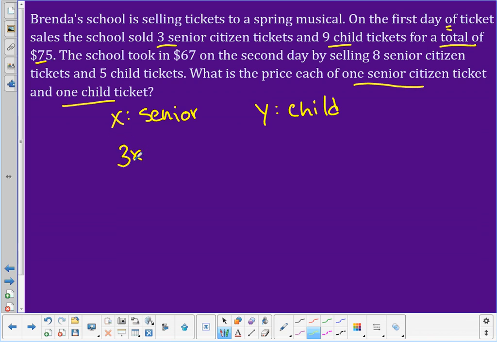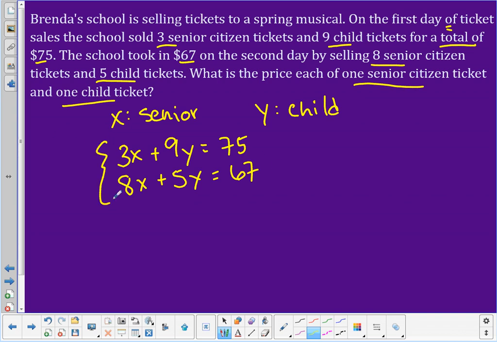So 3 times X plus 9 times Y equals $75. Second day, $67 by 8 senior citizen and 5 child. So 8 senior citizen, 5 child is equal to $67. All right, there's the system that I need to solve.